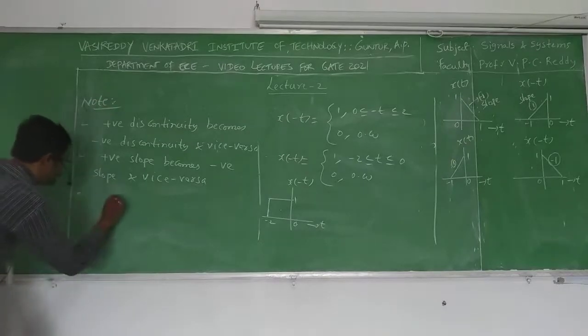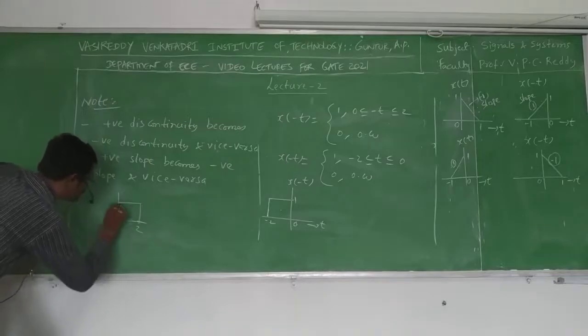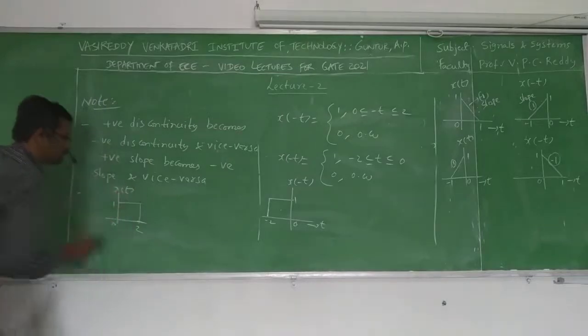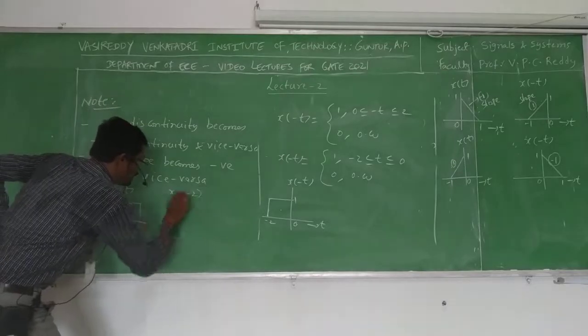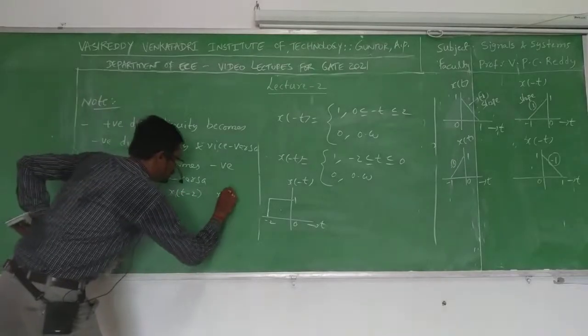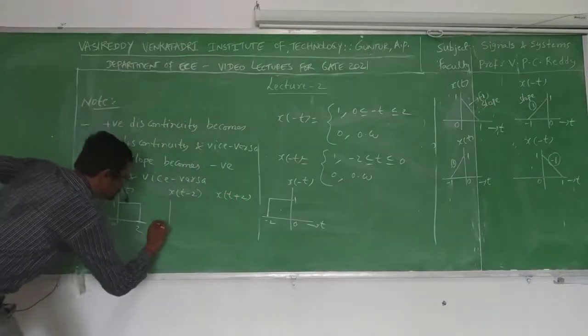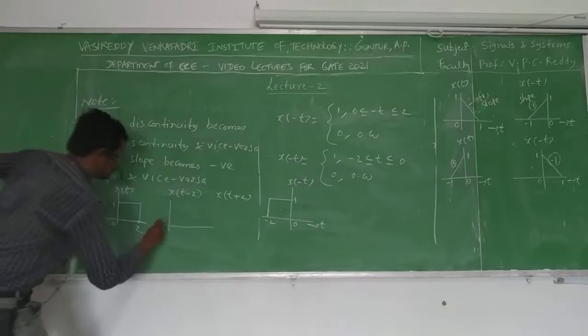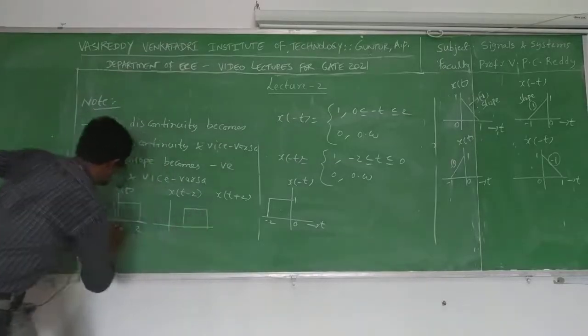Suppose I am giving a signal like this. This is x of t, x of t minus 2 and x of t plus 2. So what about x of t minus 2? x of t is from 0 to 2.